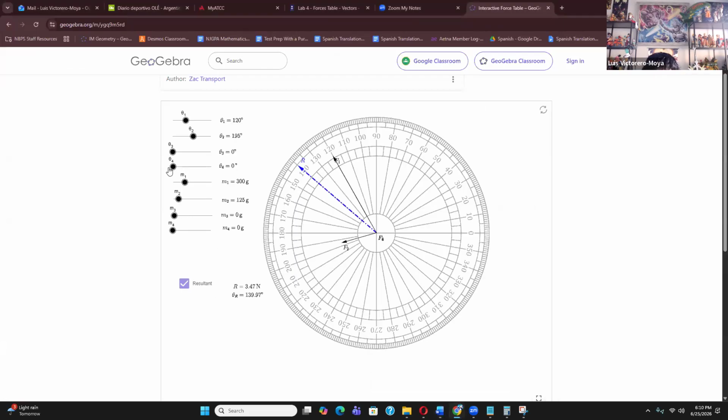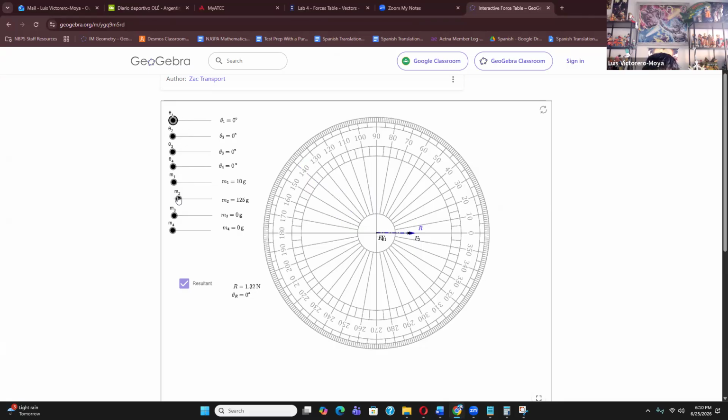You can reset this. 300 grams, 400 grams. You want 300 grams at 0 degrees, 400 grams at 90 degrees. And that's your resultant. You have the resultant there, the angle there.